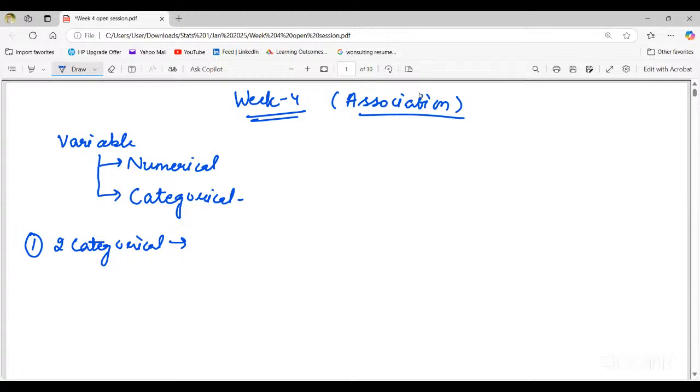We are comparing two categorical variables, gender and the use of smartphone.